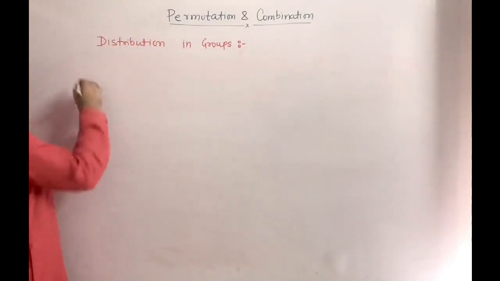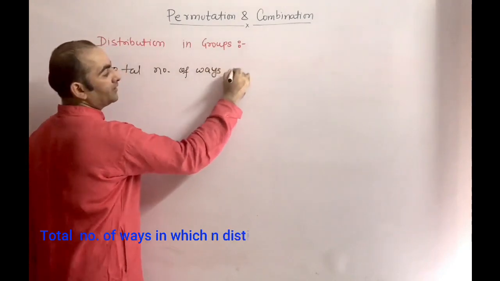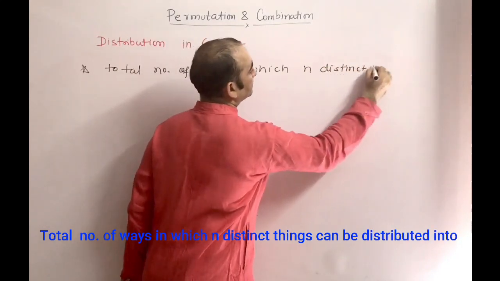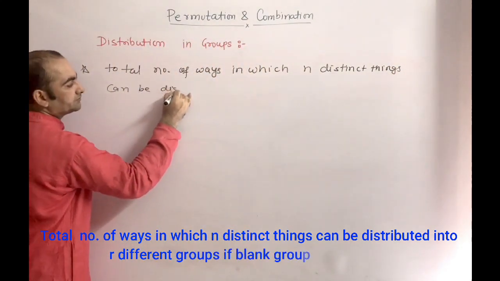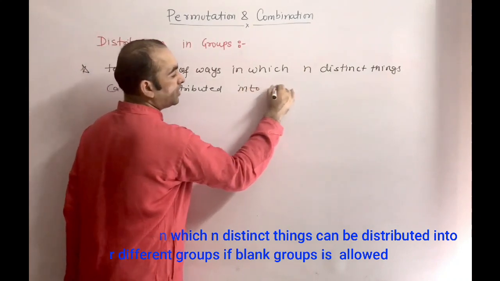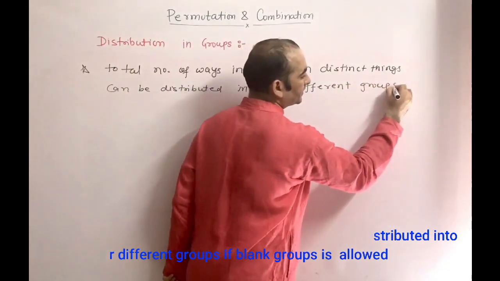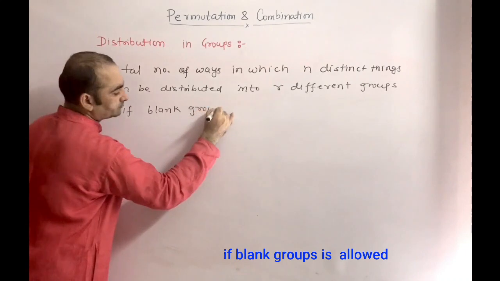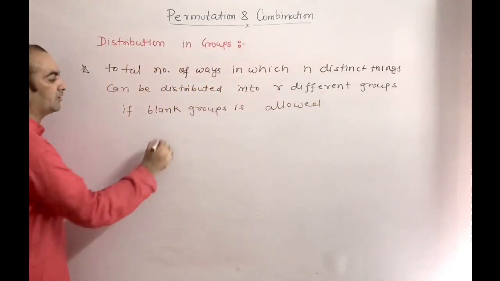According to this, the total number of ways in which n distinct things can be distributed into R different groups, if blank group is allowed, is R power n.